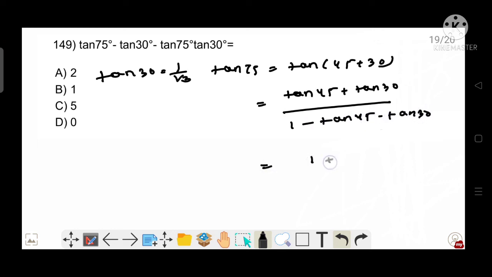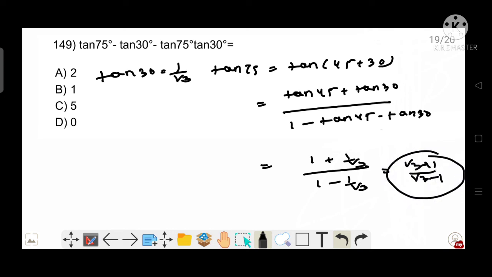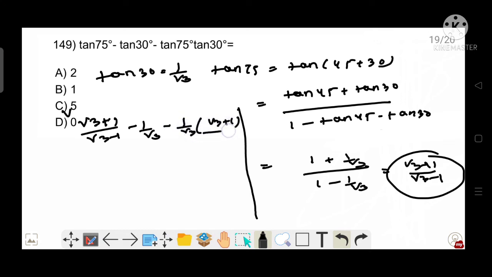So 1 plus 1 by root 3 divided by 1 minus 1 by root 3. This will be root 3 plus 1 by root 3 minus 1. This will be the value. Now putting this value: root 3 plus 1 by root 3 minus 1, minus 1 by root 3, minus 1 by root 3 into root 3 plus 1 divided by root 3 minus 1.